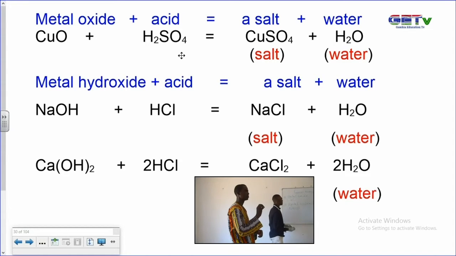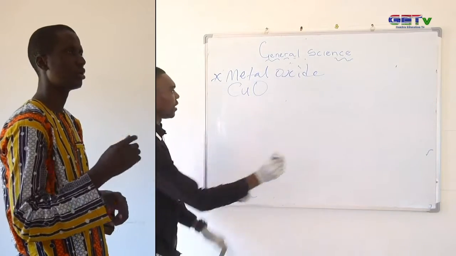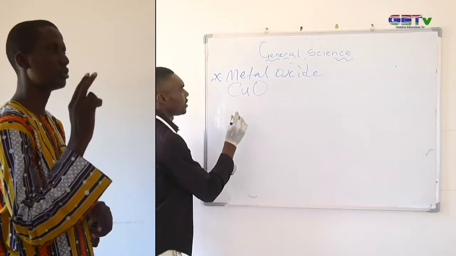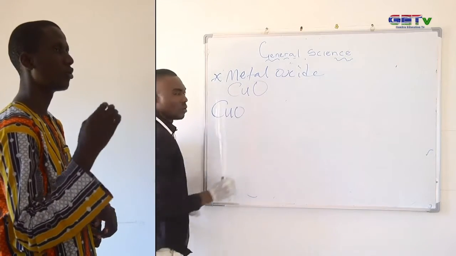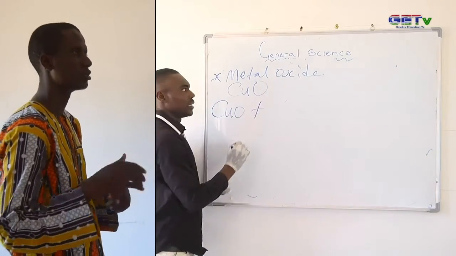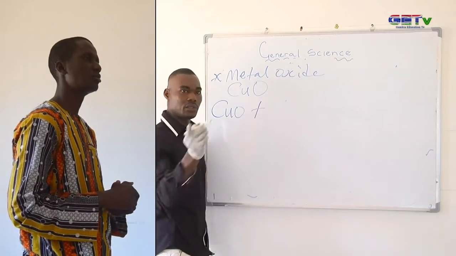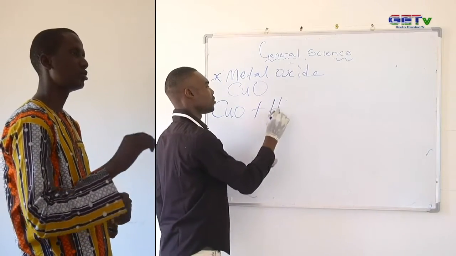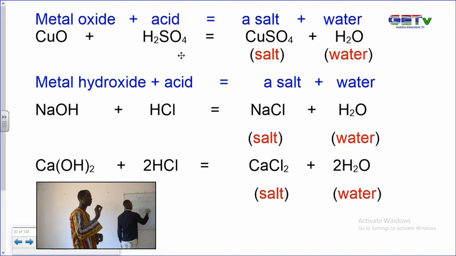For copper oxide, the formula is CuO. It reacts with an acid. The acid we use there as an example is H2SO4, sulfuric acid. Now what is going to be formed here?